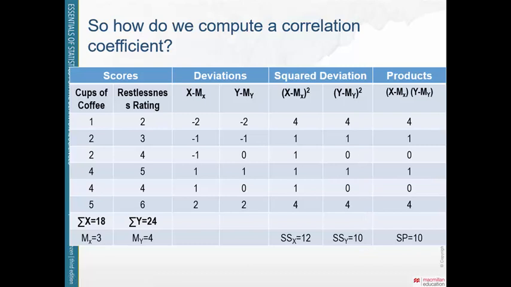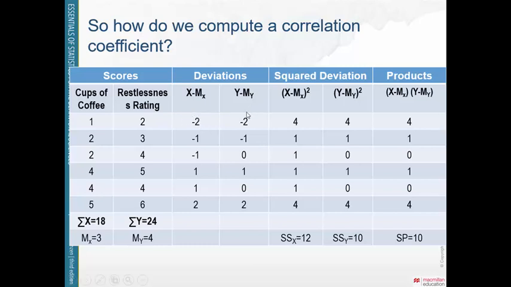And then the different one here is sum of products. And remember, you're multiplying the deviation scores together. This is really important to remember your signs because this is going to be where you get a positive or negative correlation.